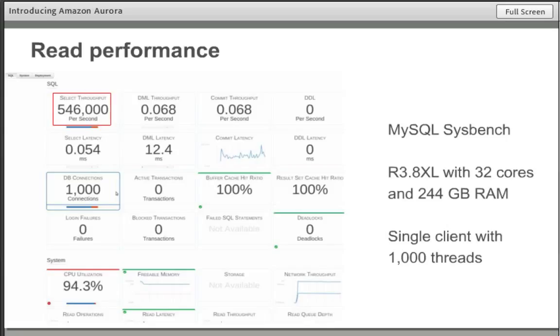The machine is the same as in the last benchmarking exercise, although with a single client with 1,000 threads in this case. It was able to achieve about 546,000 requests per second, so we're over 500,000 requests per second. And the latency is down at 0.054 milliseconds on average. To put that in context, that's less than 1/18 of a millisecond average latency.